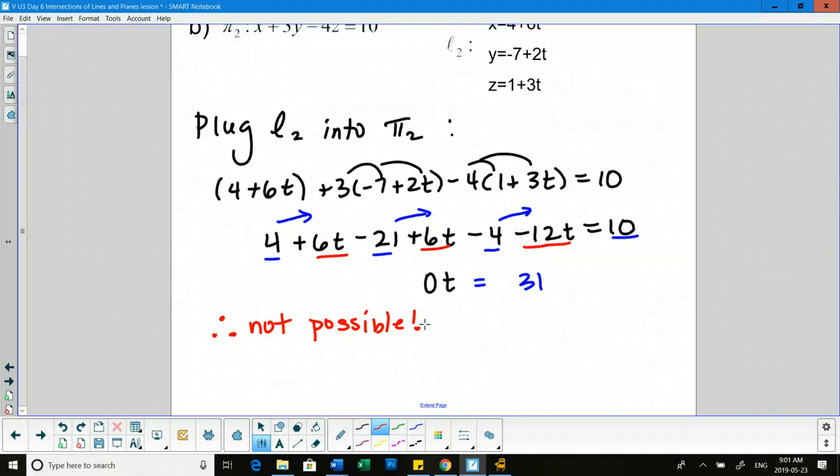As soon as you get a statement that doesn't make sense like this, we know that they are parallel and they are distinct. Okay, so an untrue statement tells us that we have distinct lines, and we have no points of intersection.